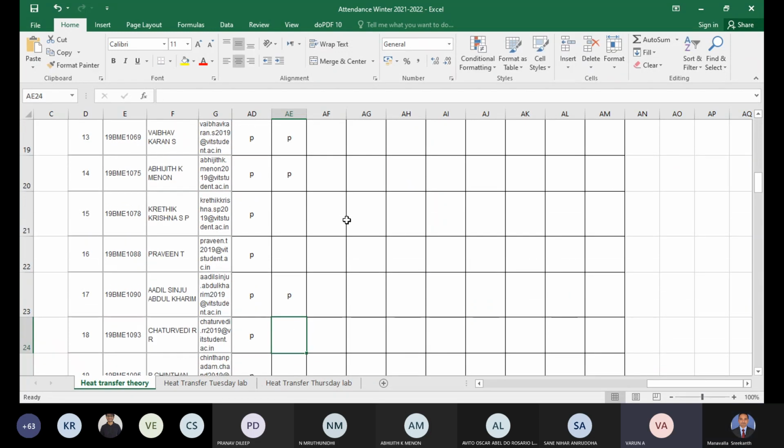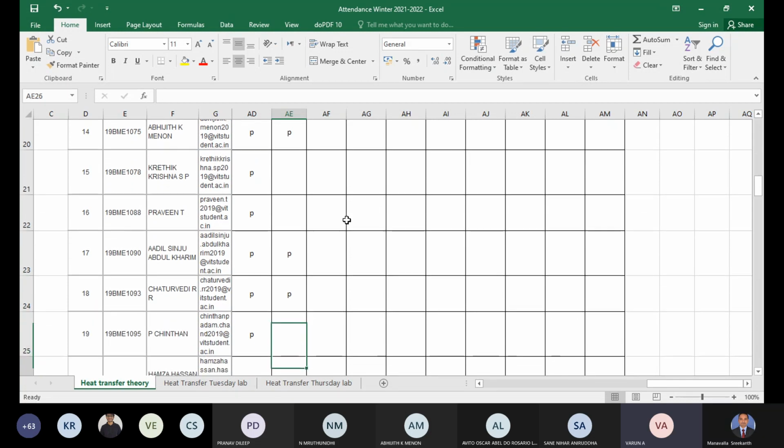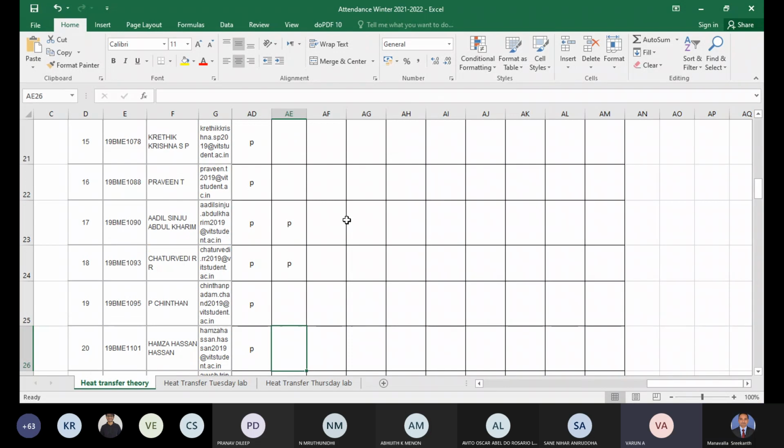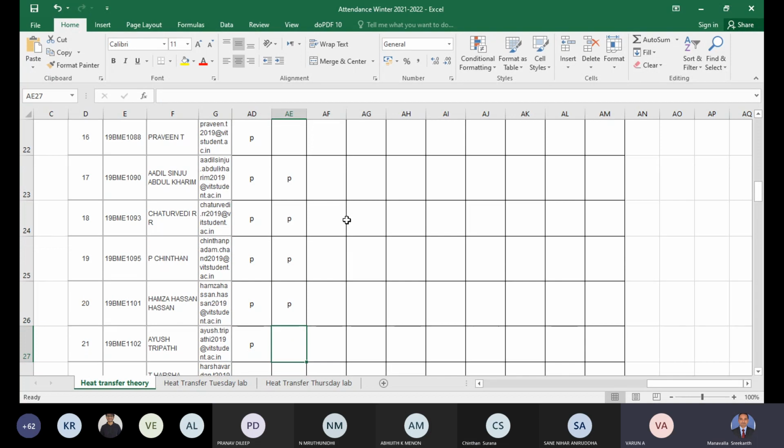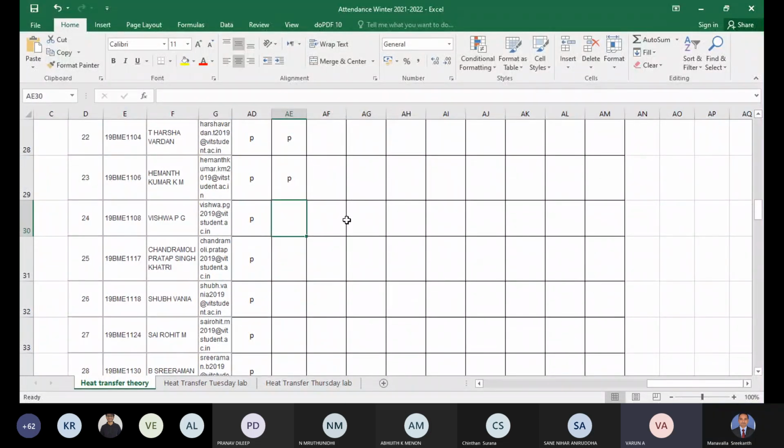Chaturvedi, Present, sir. Chintan, present, sir. Ayush Tripathi, Present, sir. Harshavardhan, Present, sir. Hemant Kumar, Present, sir. Vishwa, Present, sir. Chandramouli Singh, Present, sir.